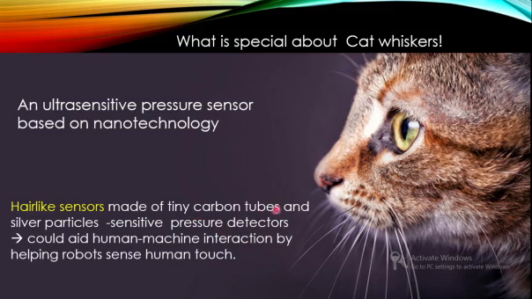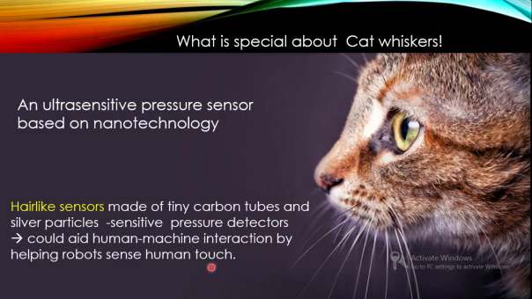Sensations like touch or smell all have to be sensed by the robots. These are possible if you have efficient pressure detectors. So considering cat whiskers as a template, the scientists have thought of devising sensitive pressure detectors for robots, which can sense even human touch.